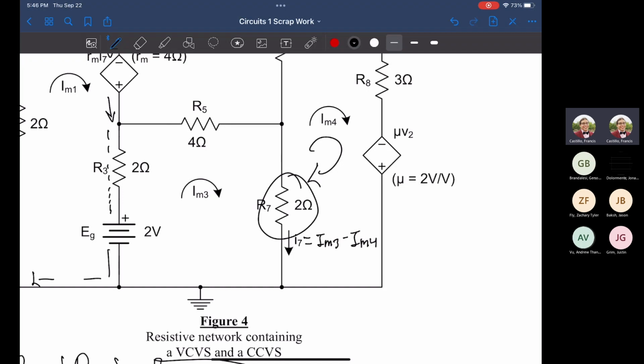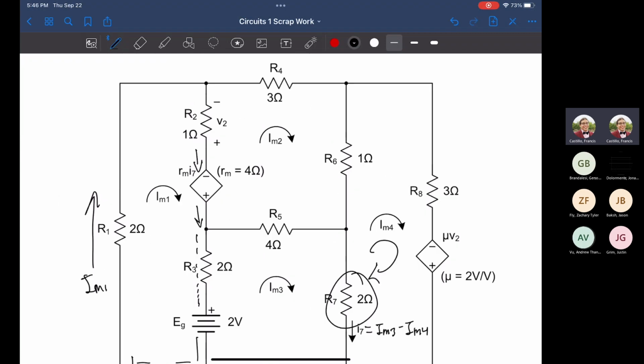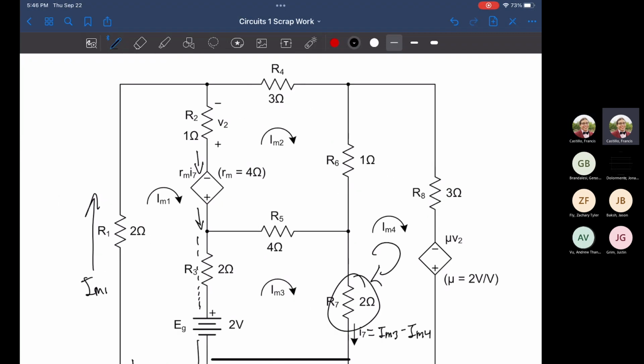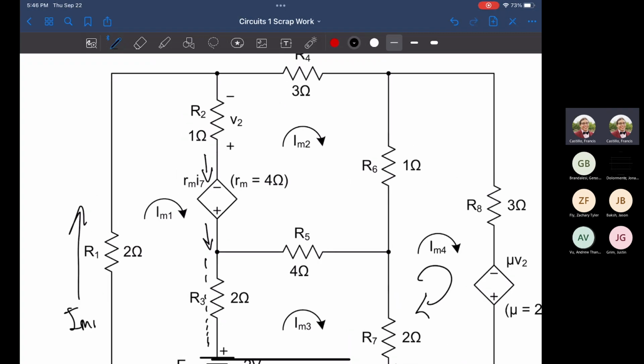Same thing with V2. Where is V2? We know it's going to be the top point between mesh 2 and mesh 1. Let's see what exactly is going on over here. For V2, we know voltage is equal to current times R, and resistor 2 is the value that we know.